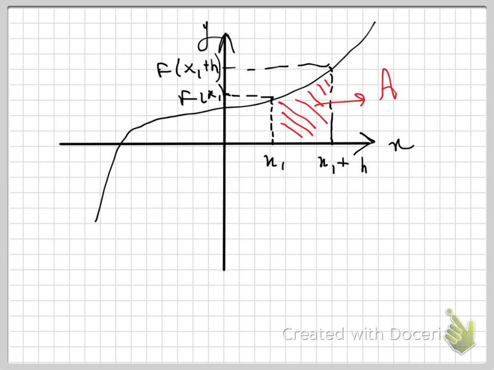It's a very interesting idea and method. First, we can bound this area between two other areas that we can calculate, like rectangles, because the shape of this red area is not defined. We cannot calculate its area directly.